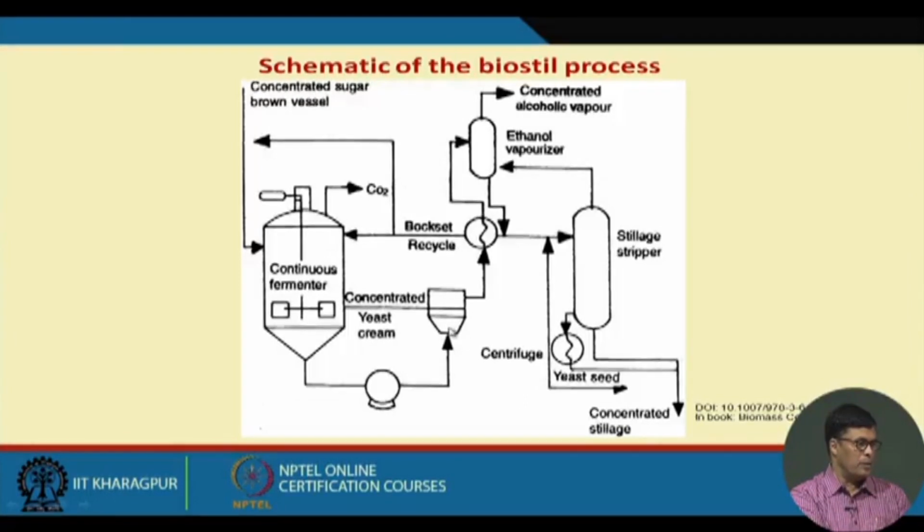The concentrated cells you recycle back, some cells you take out, and then we pass it through the distillation process, and after distillation some of the liquid you take back. The reason is that I told you cane molasses contain approximately 50% sugar, but the sugar concentration in the fermentation broth is quite less.